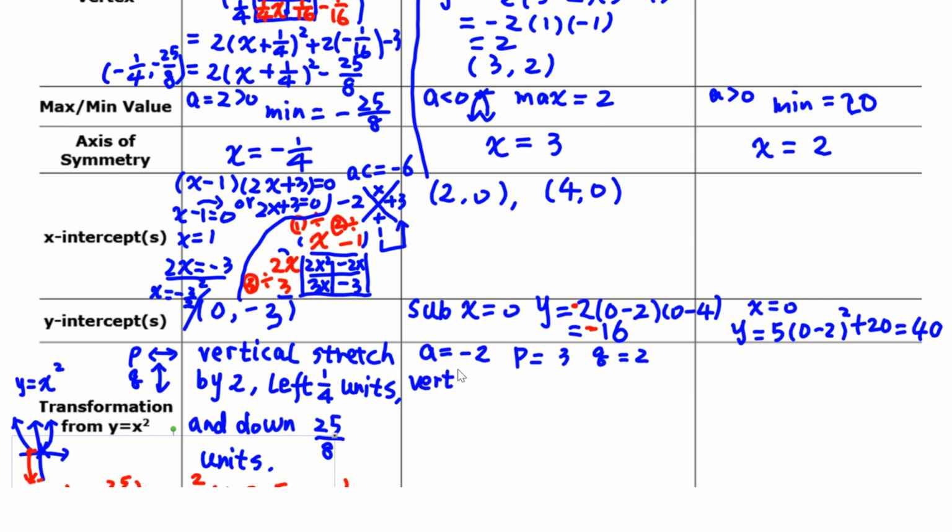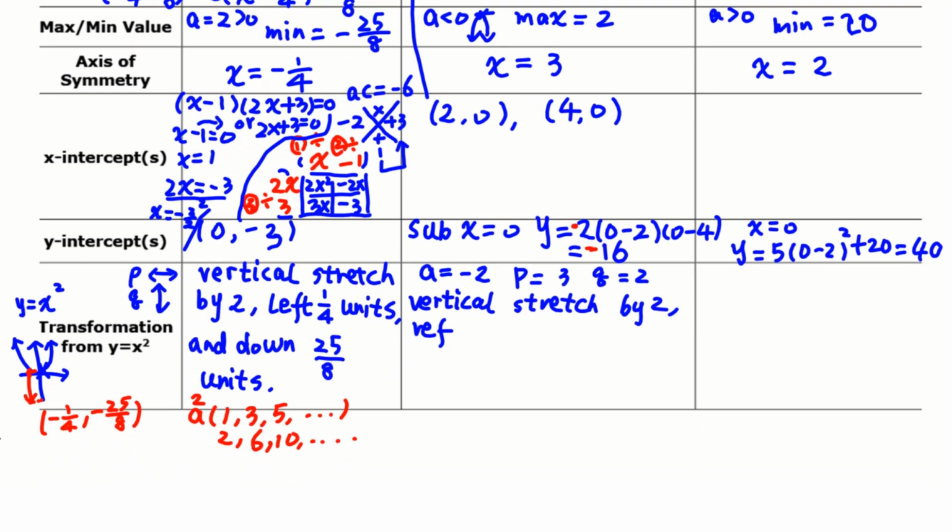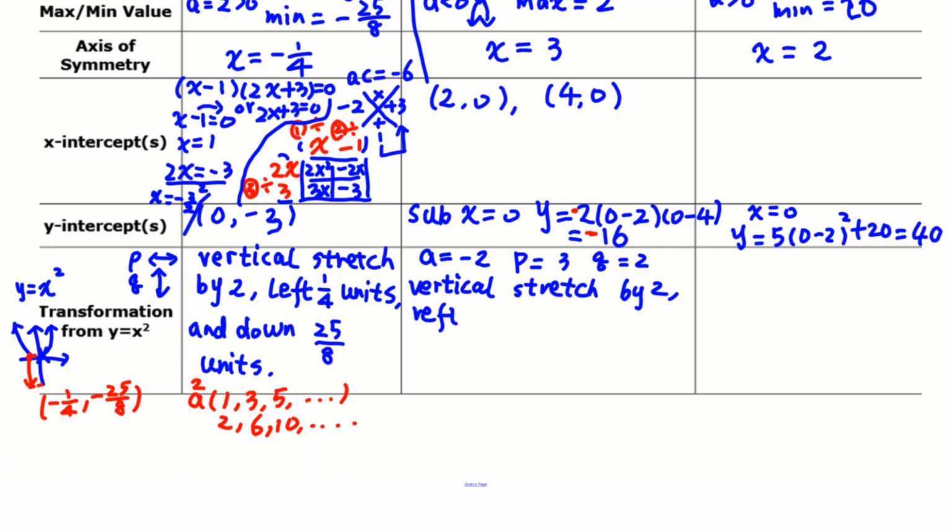So vertically stretched by 2, and because it's negative, the whole graph opens down, we say it is reflected in the x-axis.